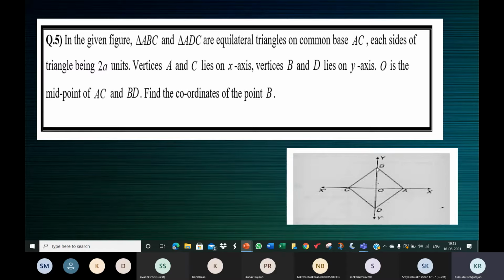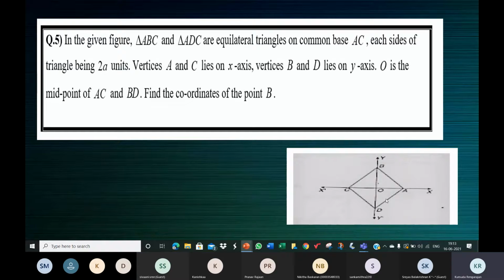Now, since ABC is an equilateral triangle with side 2A units, and O is given to be the midpoint of AC, OC is equal to A units and AO is equal to A units, because AC is 2A and O is the midpoint, so 2A by 2.